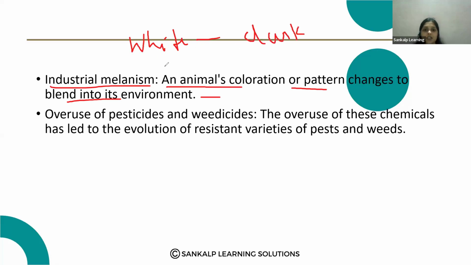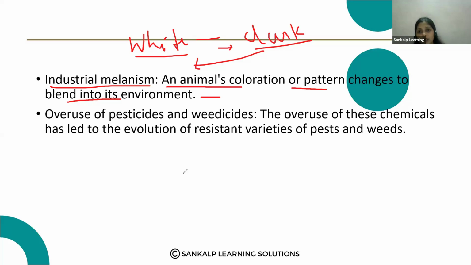After the industrialization, their numbers reversed. Dark-winged moths became more numerous than white-winged ones. Before industrialization, white-winged moths were present on the bark of trees covered with lichens. Against the white background it was difficult for predators to identify them, so they survived. After industrialization, lichens are not found in polluted areas.